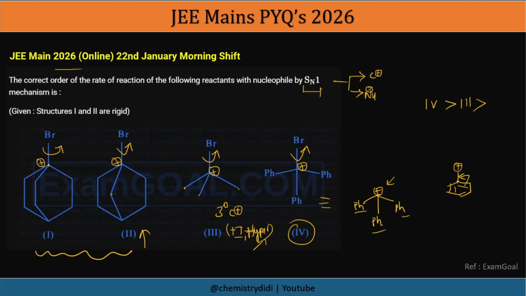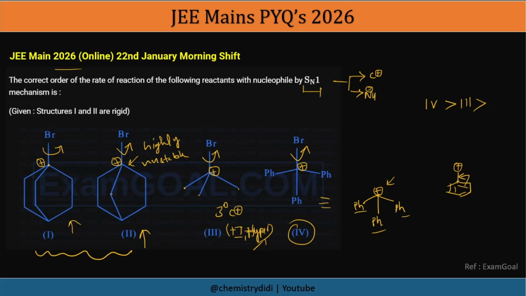As compared to this structure, this structure is a bit rigid, so it will have even more strain. That's why the carbocation is highly unstable. This carbocation is better as compared to this compound, somewhat, because it has a large structure, slightly larger than this.